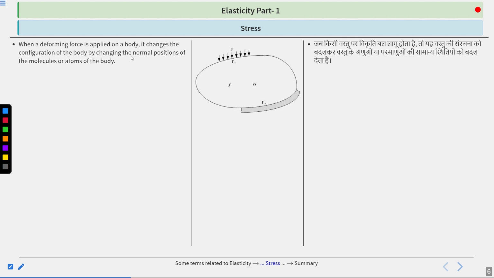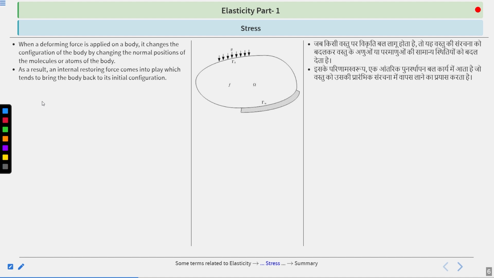Like you can say if you have a particular ball in a circular solid shape, then the molecules or atomic position has some normal position inside that ball. Okay. And when you apply the deforming force, you are actually changing these molecules' and atoms' normal position. Okay. So this is the first thing.